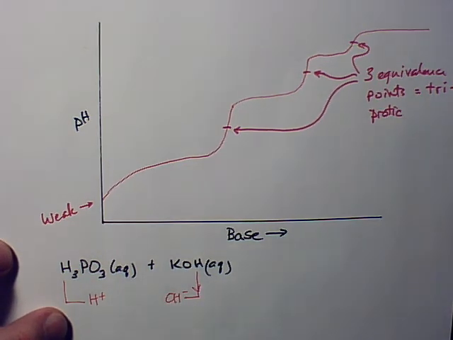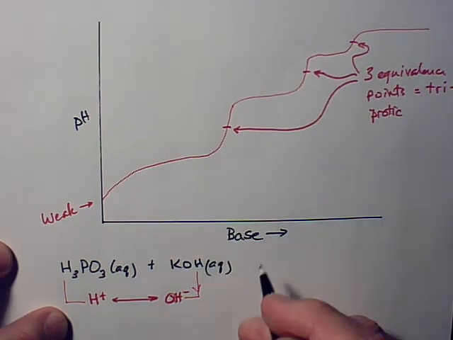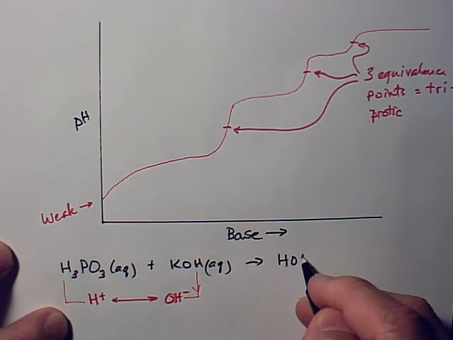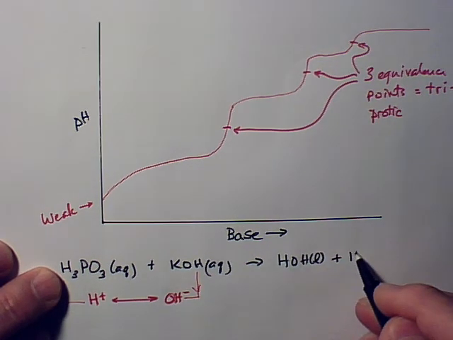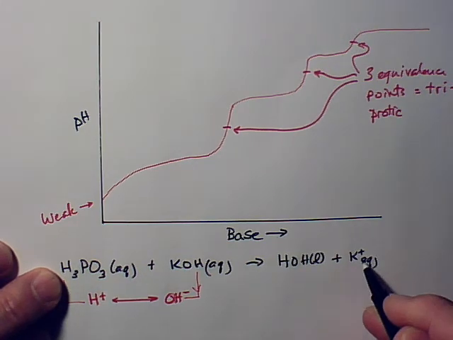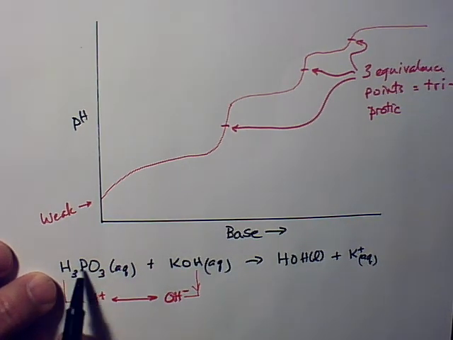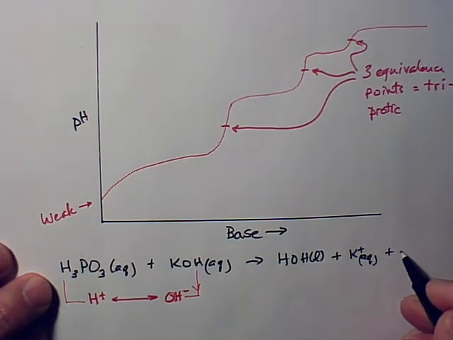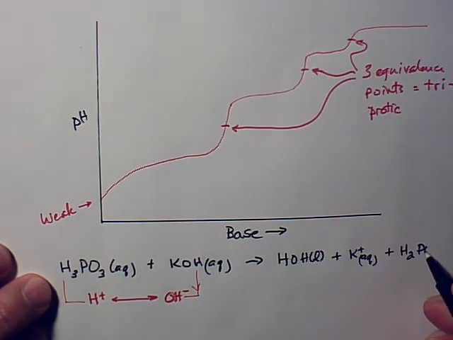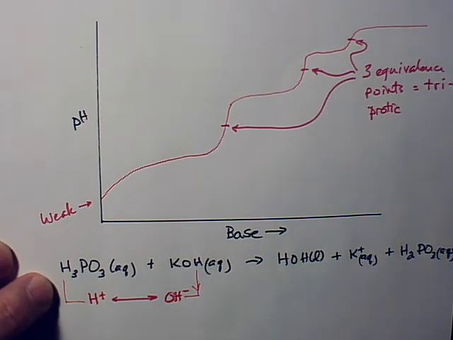Okay, they become boyfriend and girlfriend. The result is that we're going to make water. We're going to have the freed up potassium ions, and we're going to have freed up what is left from this acid over here on the left. We take one proton off, it's got to have H2PO3, and what else to show the complete species? 1 negative. Take one proton off, we get 1 negative.